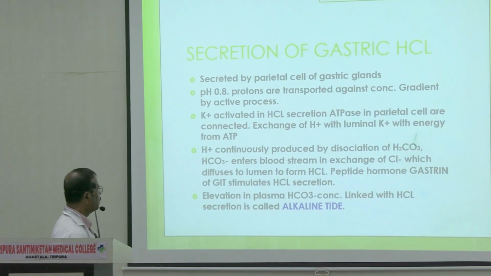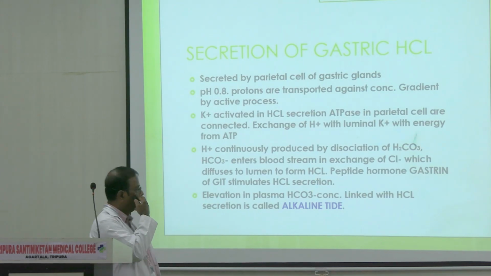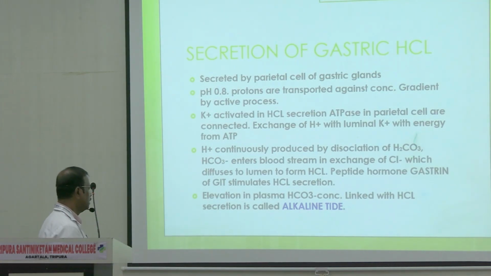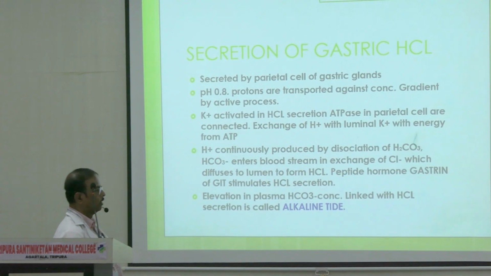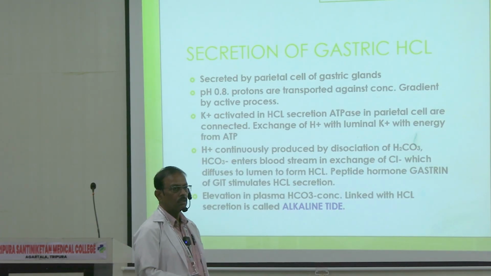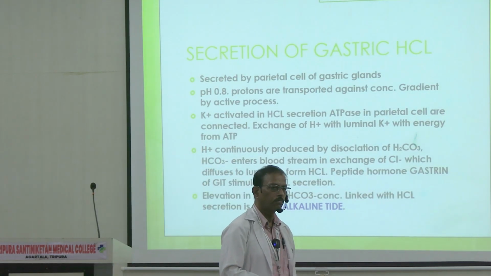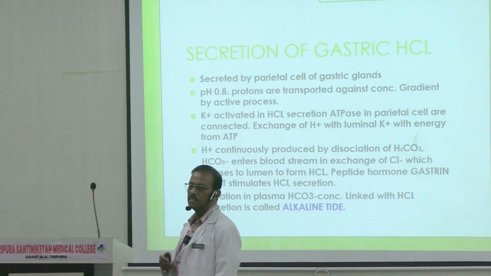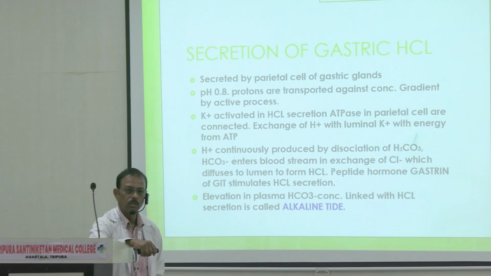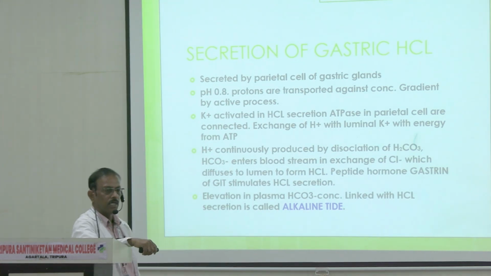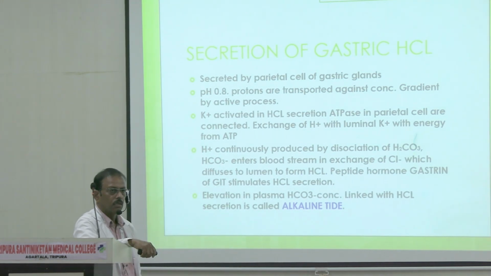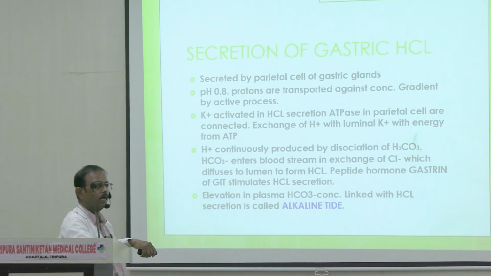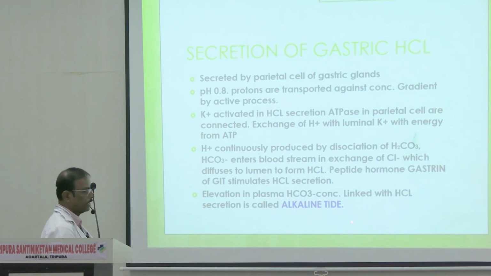Elevation of plasma bicarbonate concentration is linked with hydrochloric acid secretion. There is a temporary increase of bicarbonate concentration in the blood, and that is excreted through urine. So after a meal there is a slight increase in alkalinity of the urine, which is called alkaline tide.